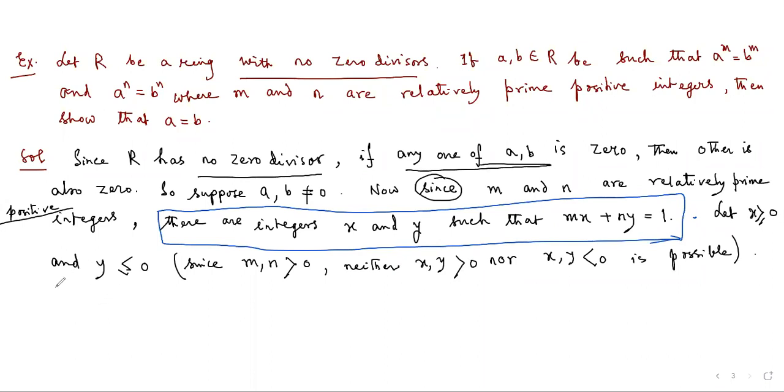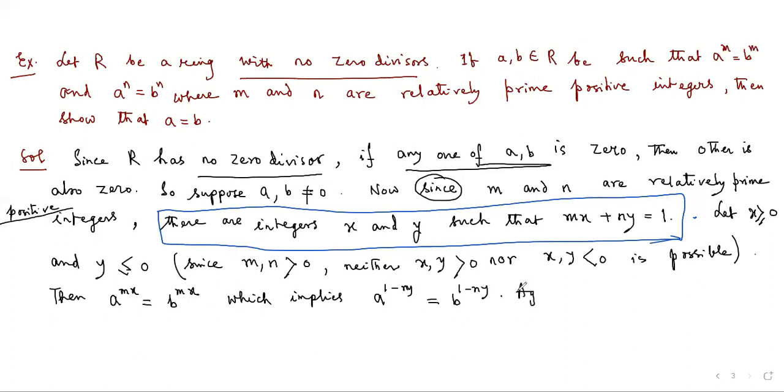And then we can write a to the power mx equal to b to the power mx, which implies a and b to the power 1 minus ny, because mx plus ny equal to 1. So here I'm using this result.